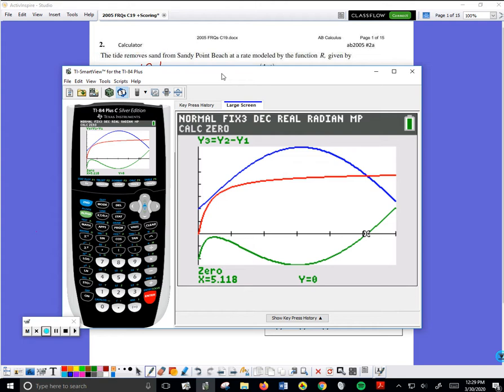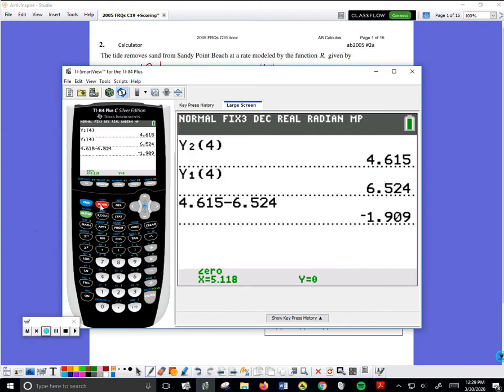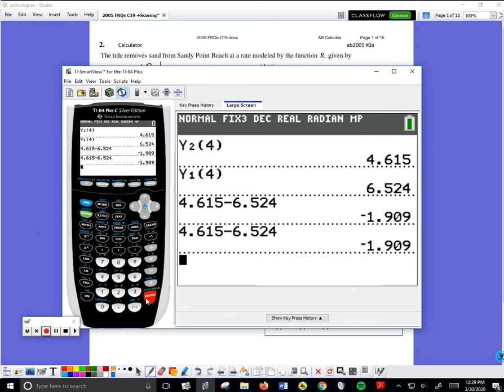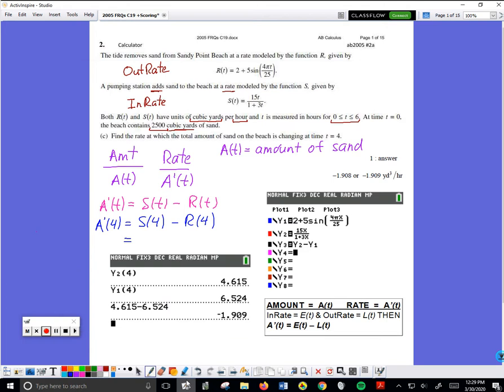So from the main screen, you can arrow up and grab the in rate at time equal 4, press enter, subtract the out rate at time equal 4, press enter, enter again, write that down.